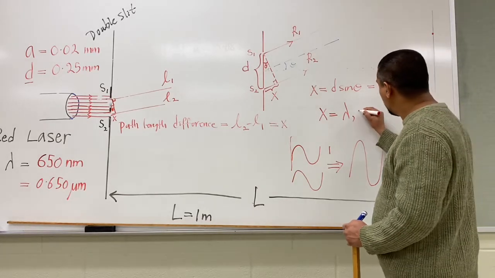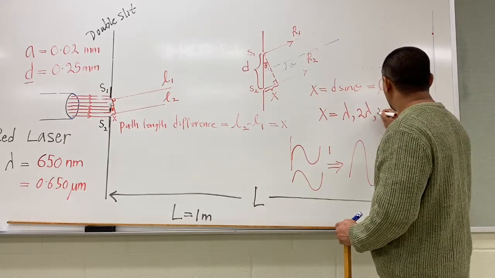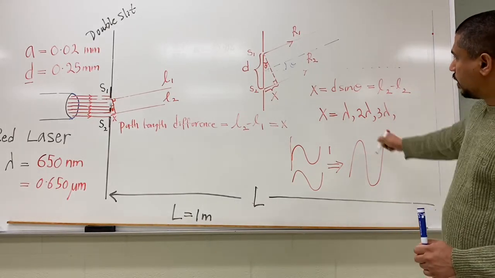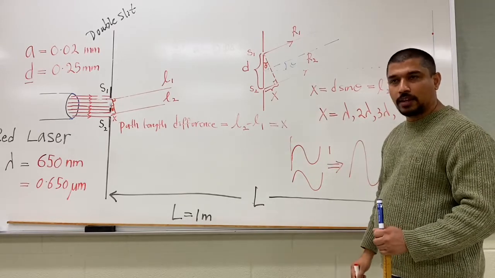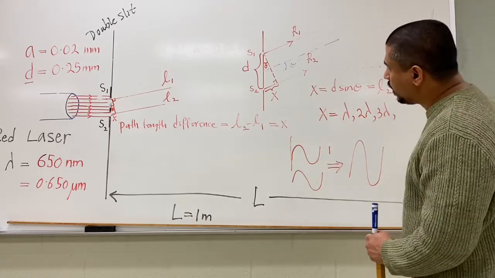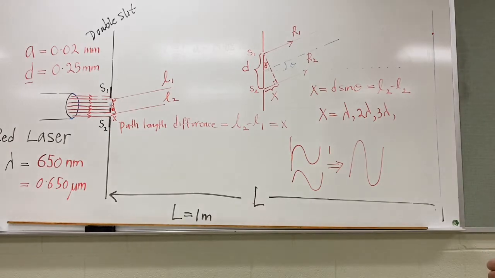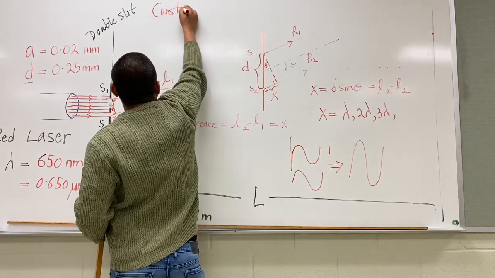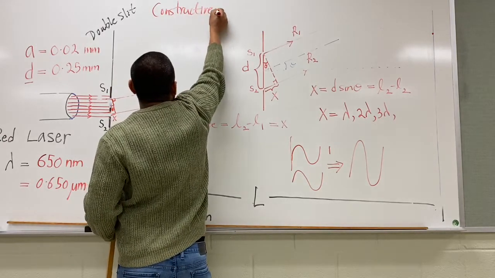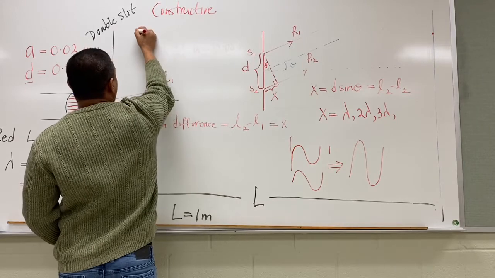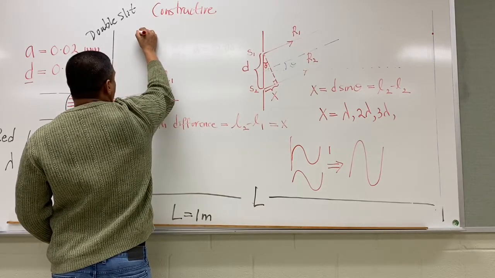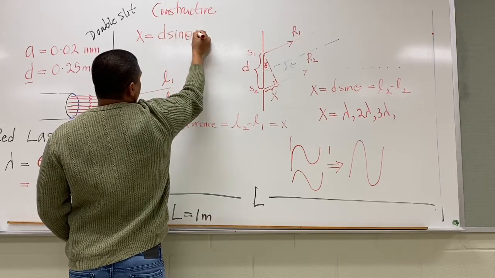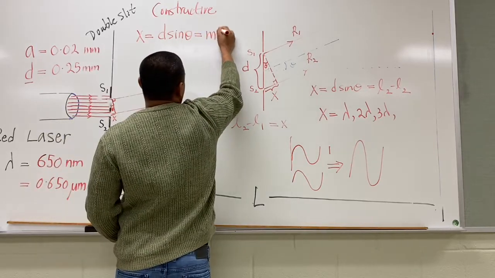Similarly, if you have 2 lambda, 3 lambda, or any integer number of lambda as the path length difference, then you will have constructive interference. So what is the condition for constructive interference? For constructive interference, path length difference x equals d sine theta equals m lambda.